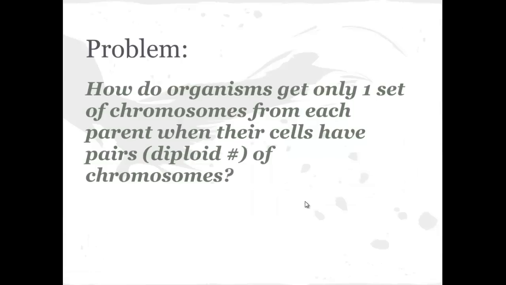So now we have a problem. How do organisms get only one set of chromosomes from each parent when the parent cells have the pair or diploid number of chromosomes? If humans have a diploid chromosome number of 46, how are they able to make a cell that only has 23 chromosomes?